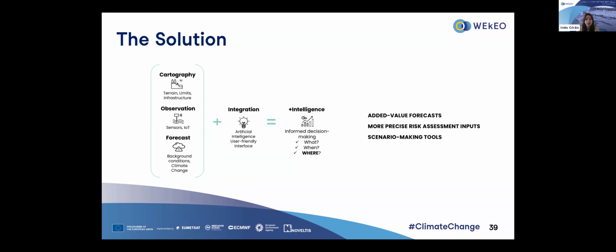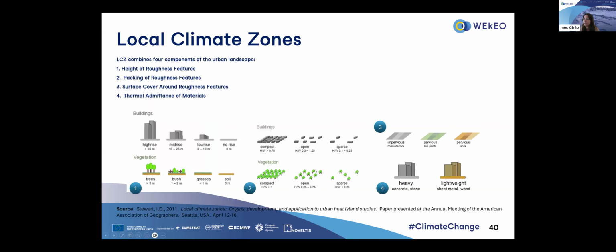We can be more precise on risk assessment inputs, such as localized vulnerability to heat or pollution, and scenario tools to test planning strategies under different urban and climate futures. So this system-level approach would support cities in designing evidence-based, local-specific adaptation strategies.